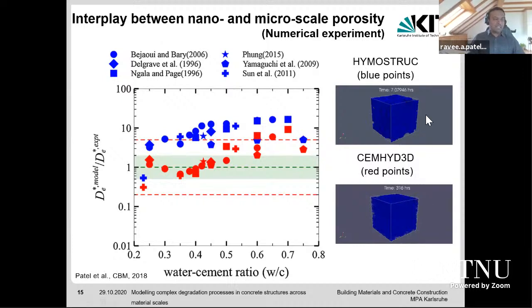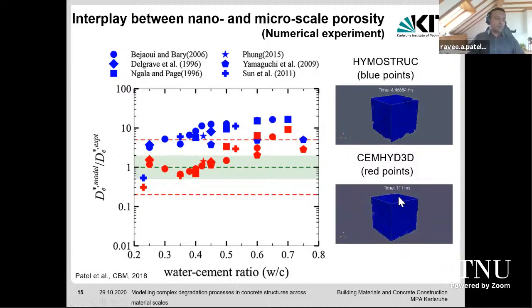If we take the microstructure from these two models and run simulations, we can clearly see the effect of depercolation. If I compare the model simulations and experiments, model one, represented in blue here, which does not depercolate large pores, always gives higher values of diffusion coefficient.